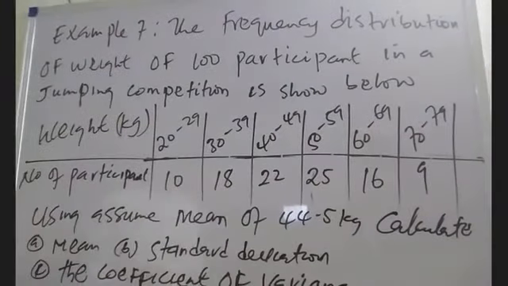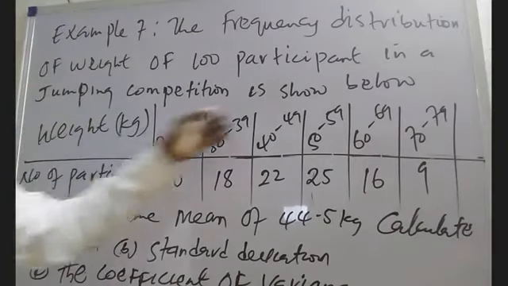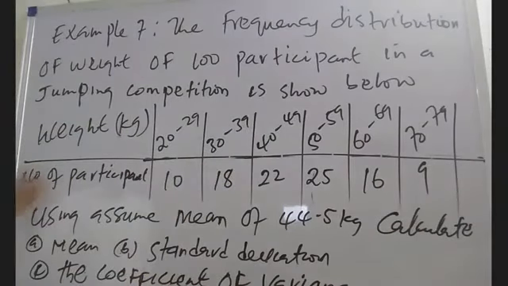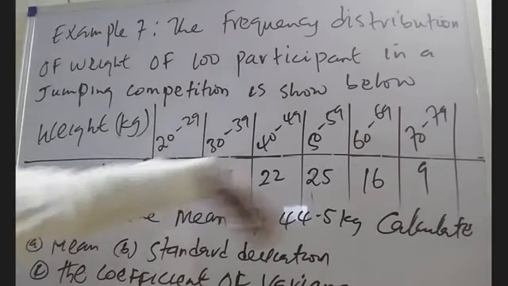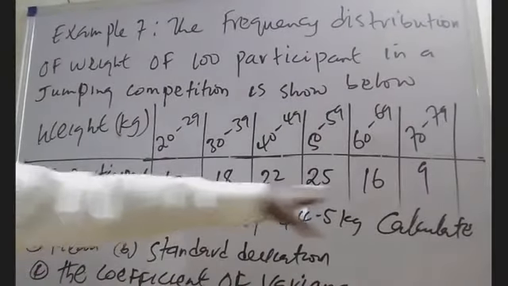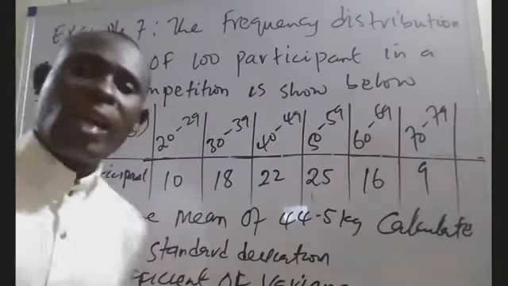The frequency distribution below shows the weight of 100 participants in a jumping competition. Now, we have the weight ranging from 20 to 29 up to 70 to 79, and these are the numbers of participants: 10, 18, 22, 25, 16, and 9.